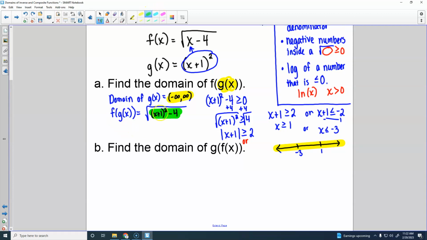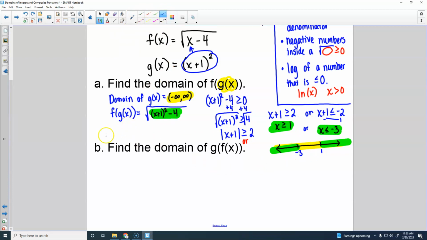Our domain of f of g of x was x is greater than or equal to 1 and x is less than or equal to negative 3. So it would be from negative 3 down and 1 up, right? So you'd have these numbers between negative 3 and 1 that you couldn't plug in. It would give you negatives underneath the square root. So you were looking for where those overlap. So they overlap basically just the same as you have here, since you had no restrictions for your original function.